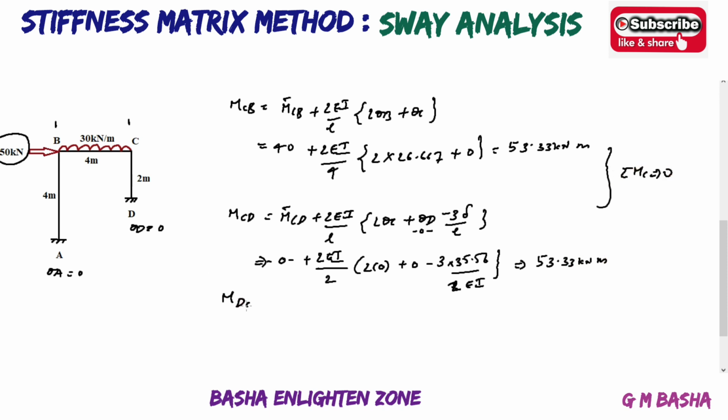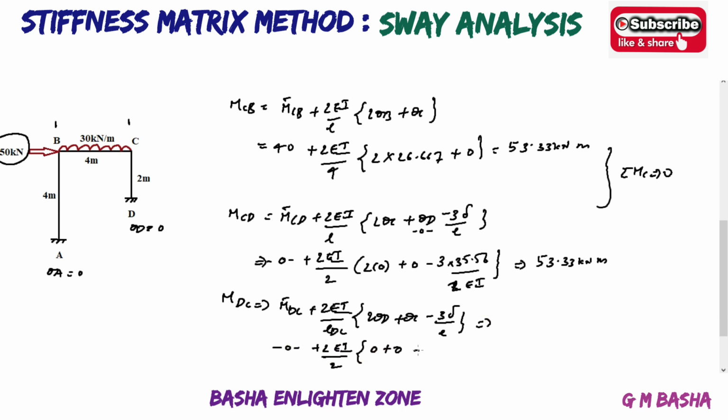Then MDC will be, simplify the same, M bar DC plus 2EI by LDC into 2 theta D plus theta C minus 3 delta by L. Substitute all the values. MDC will be equal to 0 plus 2EI by length of DC, which will be 2, into theta D, which will be 0, plus this one also 0, minus 3 into 35.56 by 2EI.